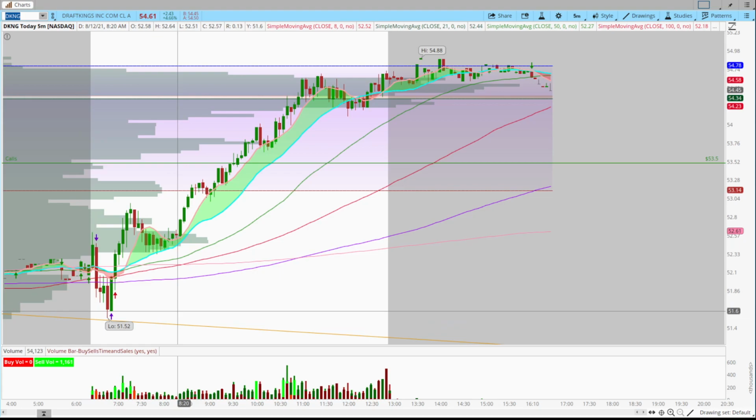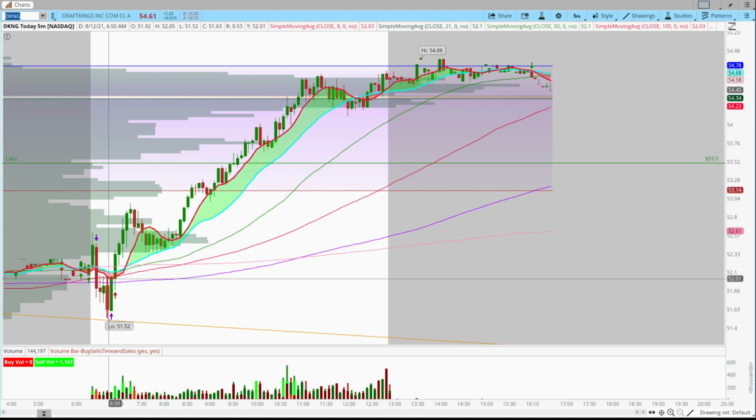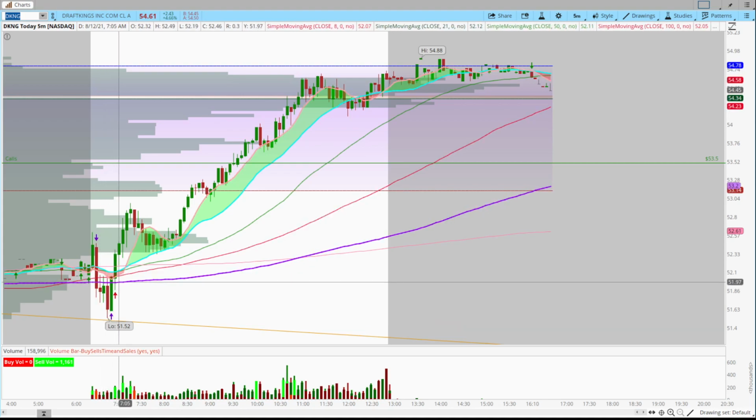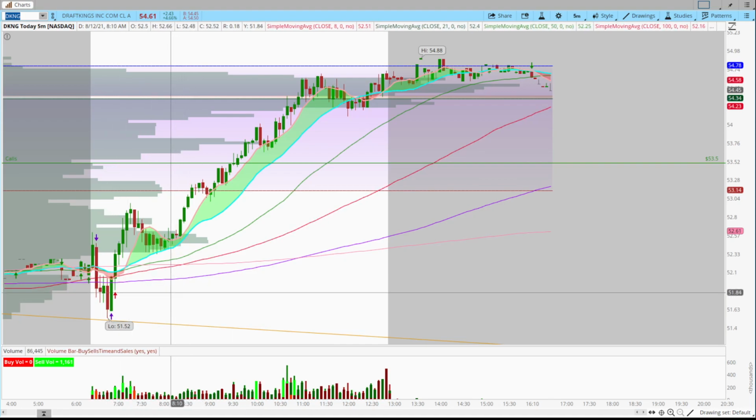So I'm looking for consolidation under or around those before I make my decision. So it basically was consolidating and it was up and down, right, basically between the 100 and the 200, but with no clear direction, a lot up, a lot down on every single candle. So that's not what I'm looking for.